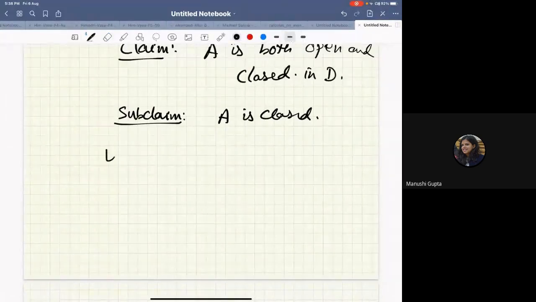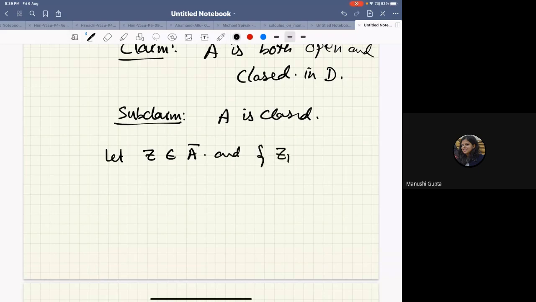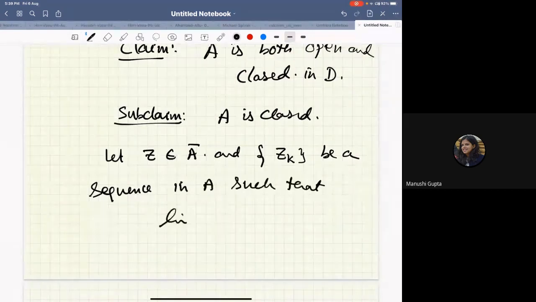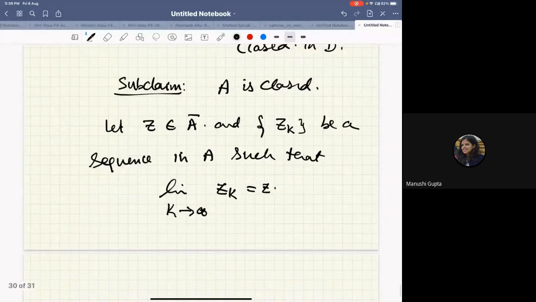Let Z belong to A closure, and let Zk be a sequence in A such that the limit as k goes to infinity of Zk is Z. Now, since each Fn is a continuous function, I can use the property.